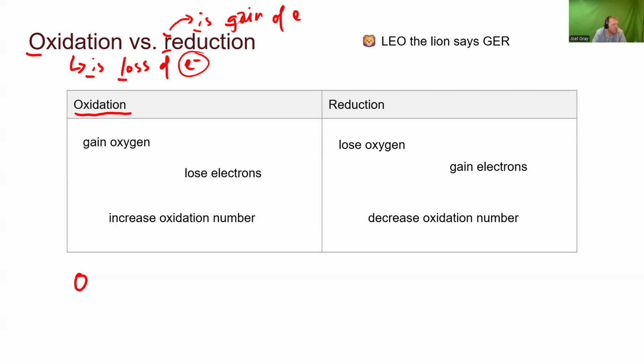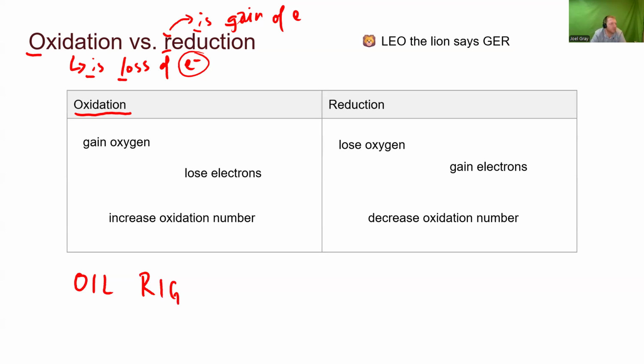So that's why some people use OIL RIG as a nice acronym to remember oxidation is loss and reduction is gain. Another acronym that I think is good is Leo the lion says GER. LEO: loss of electrons is oxidation. GER: gain of electrons is reduction. I like Leo the lion says GER just because then you're using electron in this definition.